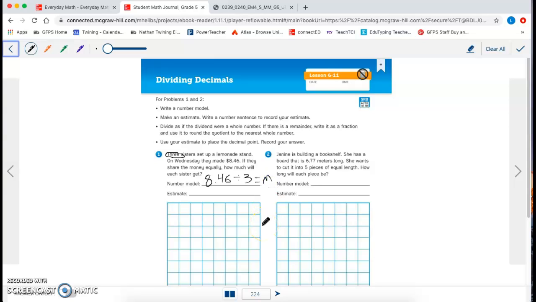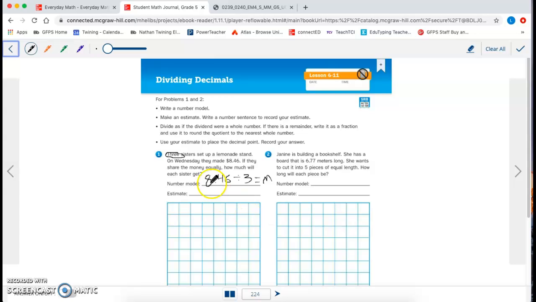Now, the estimate, you could do 2 things. One, if you really wanted to round it, rounding how you should, you would end up rounding it to a whole number of 8. Now, 8 divided by 3 would work, but it's actually going to make me have to do more work because it says if you get a remainder, which you would in that case, then you'd have to report it as a fraction and then round that fraction to the nearest whole number.